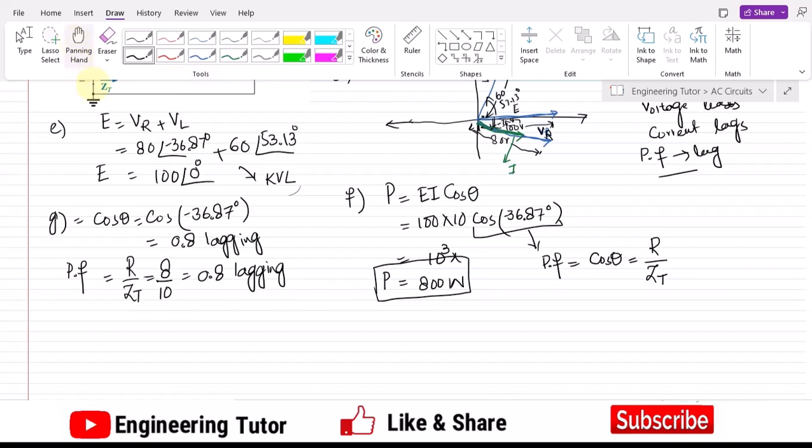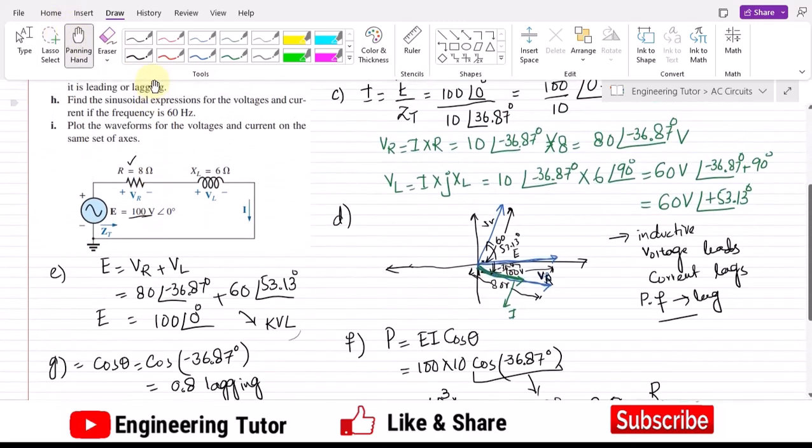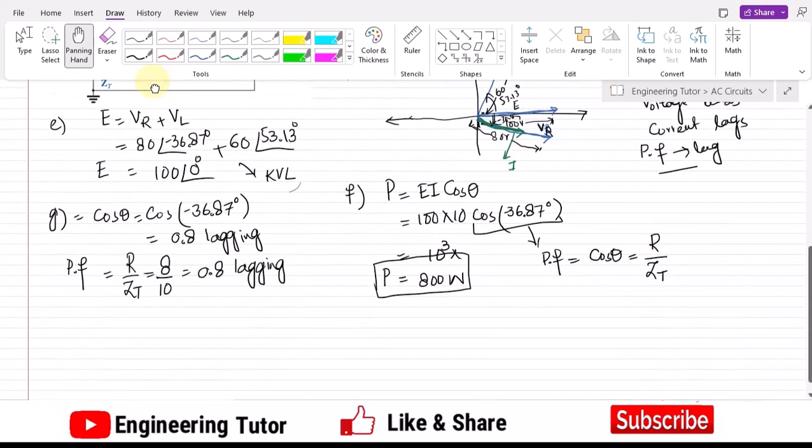Okay, similarly in part H of our question, we are asked to find the sinusoidal expression for the voltages and currents if the frequency is 60 hertz. So I am going to write the sinusoidal expressions for E, VR and VL.